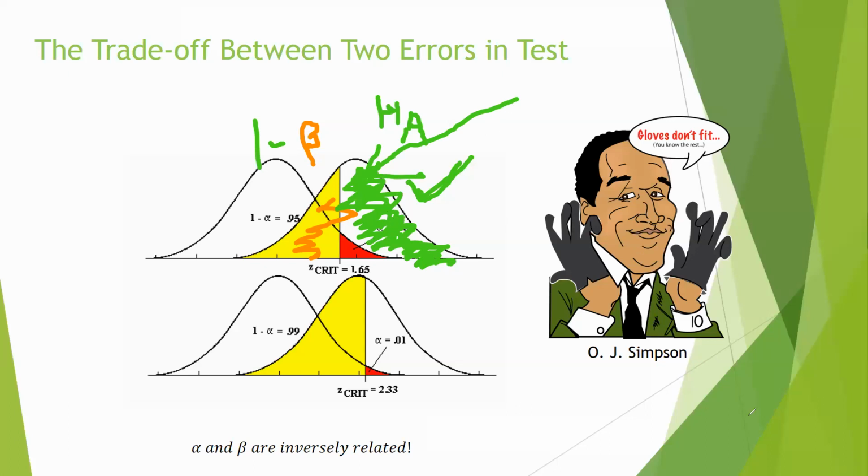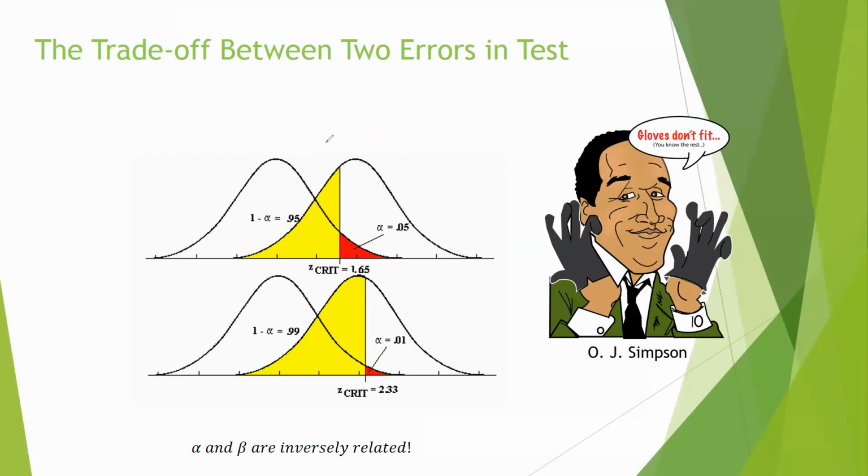But as I just mentioned, we always determine the rejection cutoff based on the null distribution. Once you determine some specific cutoff, the type 2 error or power is simultaneously determined. Here is the key point: if you want to reduce your type 1 error, which is the red area, right? Can you see this?